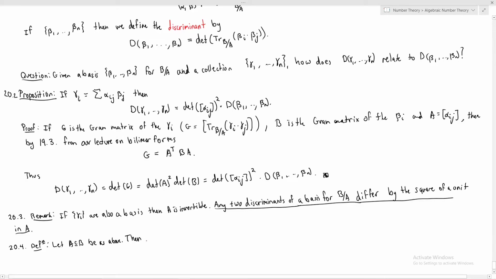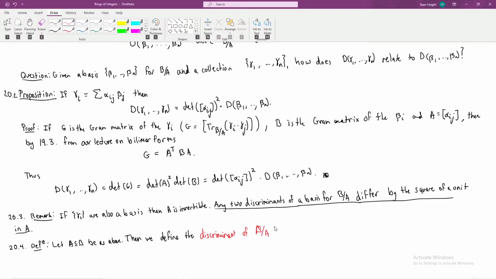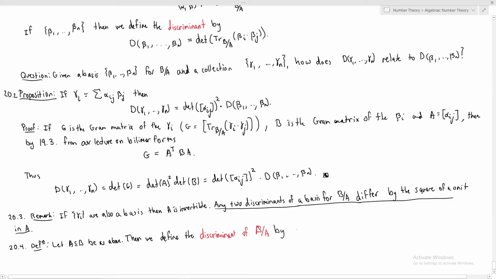So then we define the discriminant of B over A, sorry, by basically the discriminant of any basis beta i, up to multiplication by the square of a unit.